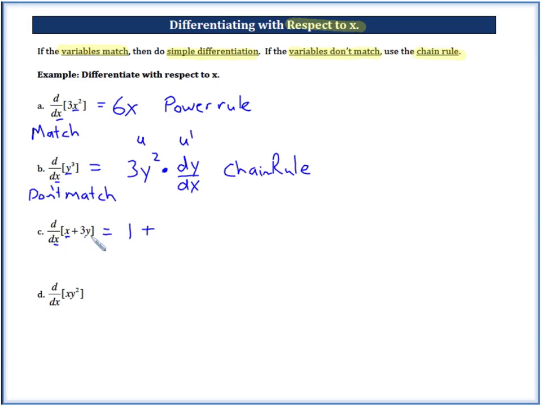So first, the derivative of 3y is 3. And then what's the derivative of y with respect to x? dy over dx. So you might want to make a note here that sometimes you're just going to use the power rule and the chain rule.